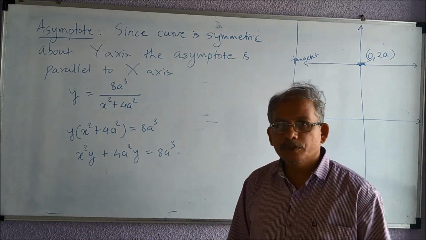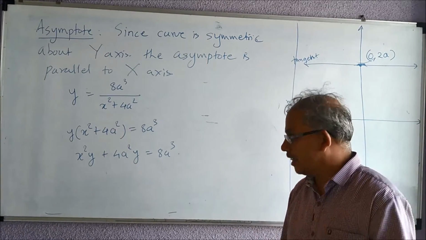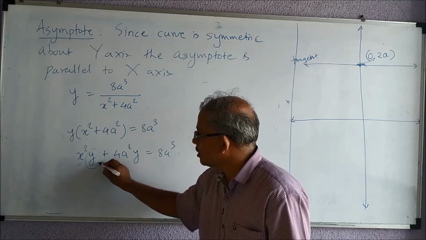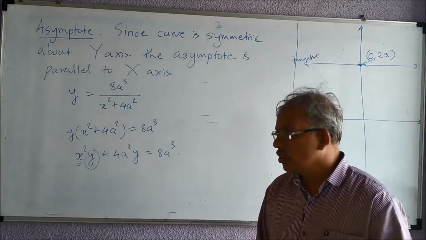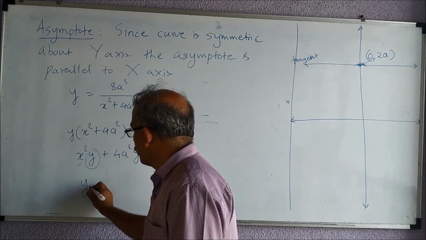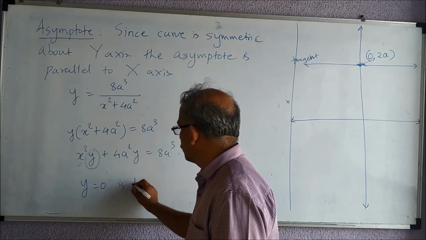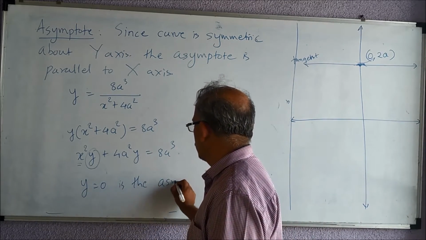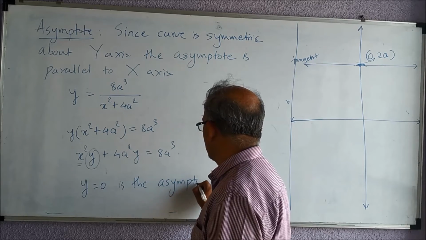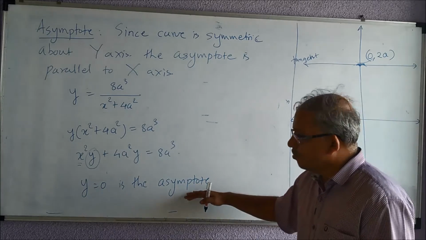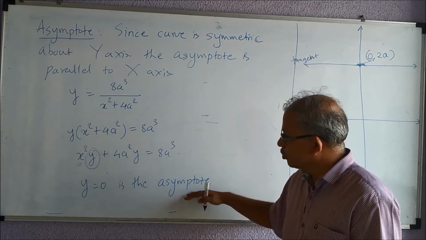So the highest degree term of x is this and the coefficient is this, which is equal to 0. So y equal to 0 is the asymptote. What does it mean?